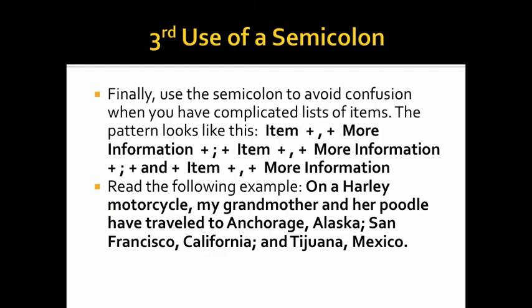On a Harley motorcycle, my grandmother and her poodle have traveled to Anchorage, Alaska; San Francisco, California; and Tijuana, Mexico. You see that it's a list of 3 places, and the comma goes between the city and the state, or the city and the country in the Mexico example. If you had commas where the semicolons are, you would have a lot of commas, and it would be frustrating for the reader to figure out exactly how to read it.